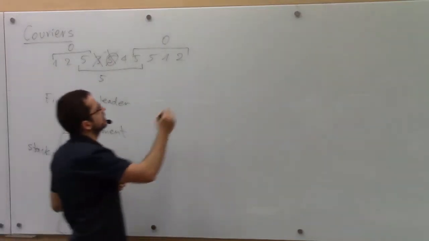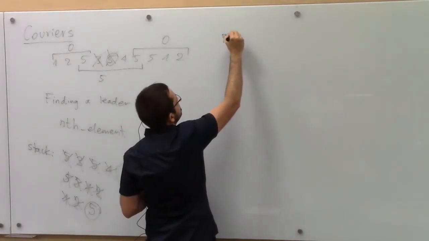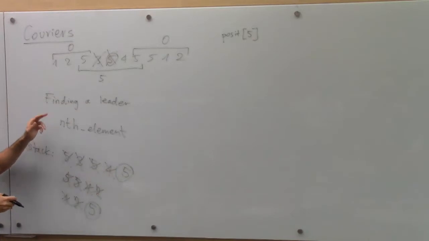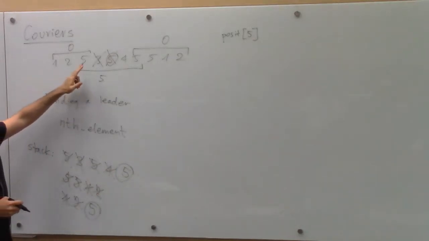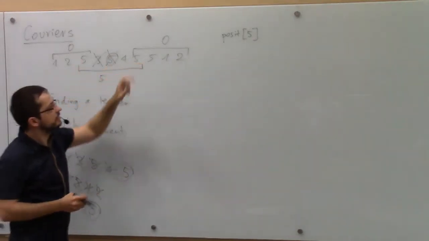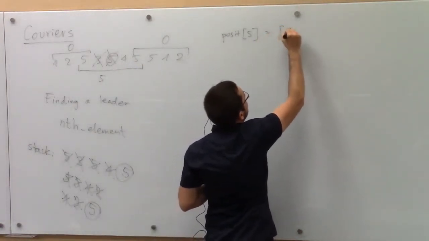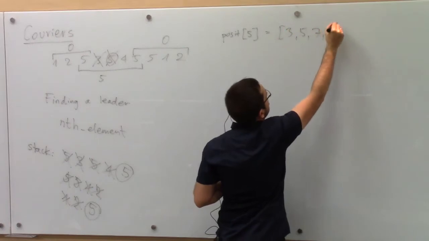So we can say that we have a vector of positions. Like for instance, for number 5, we know that its positions are 3, 5, 7, and 8.